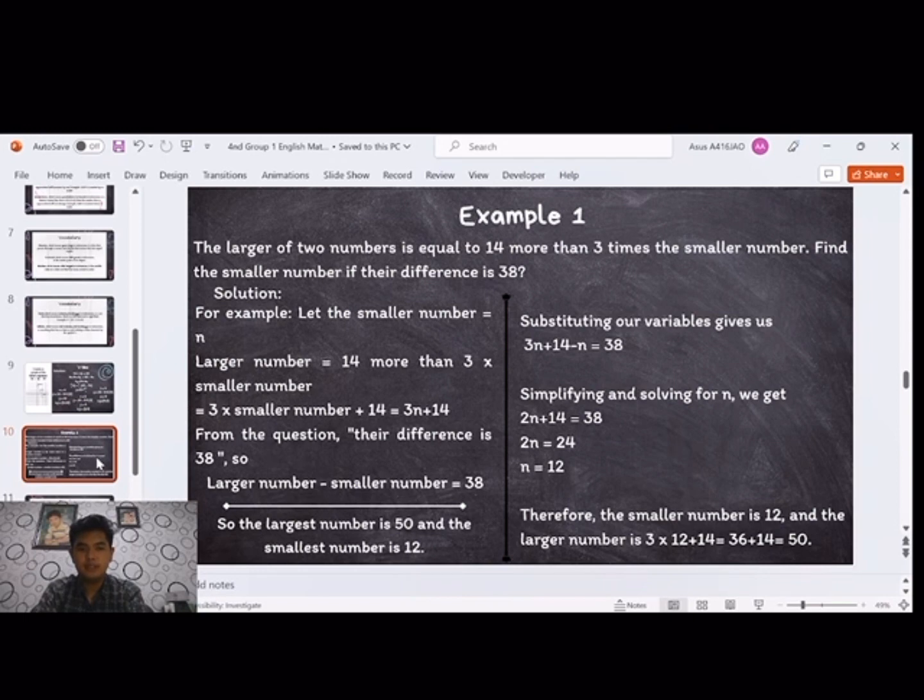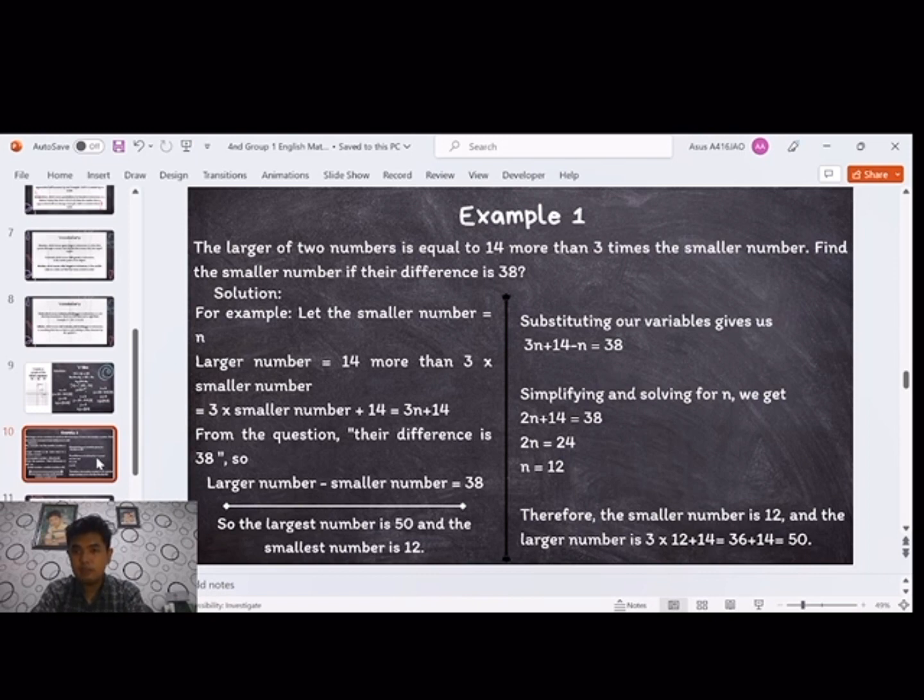From the question, their difference is 38. So larger number minus smaller number is 38. So the largest number is 50, and the smallest number is 12.